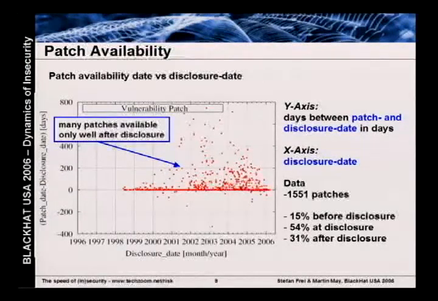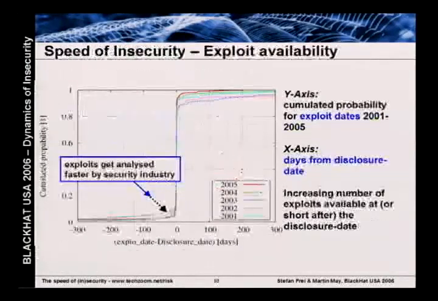To do some deeper analysis, we plotted the cumulative distribution functions. Horizontally, we have again the time from or to the disclosure date. Disclosure date is 0. So we look at 300 days before and 300 days after disclosure.